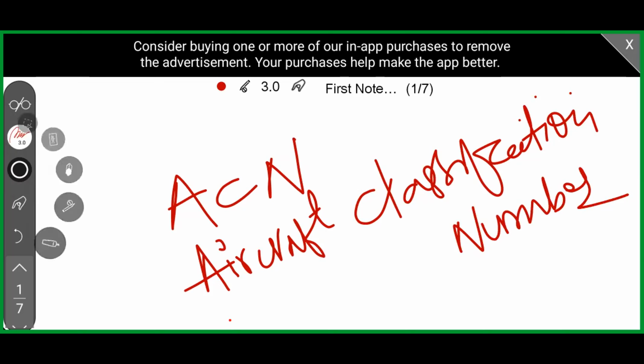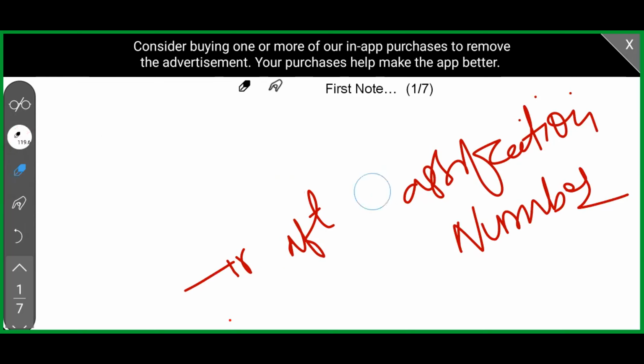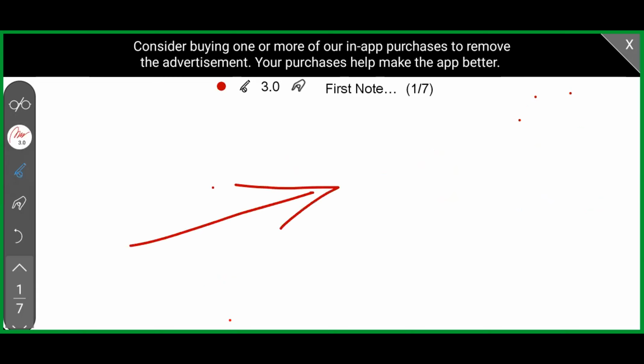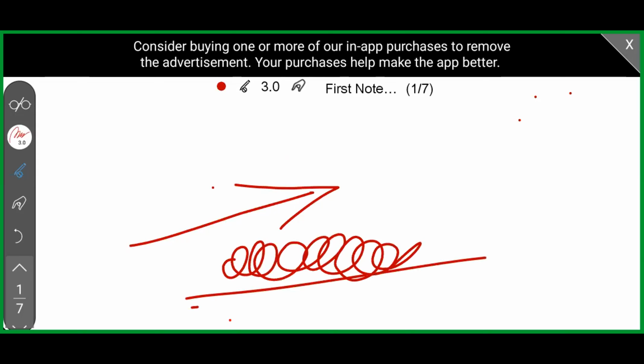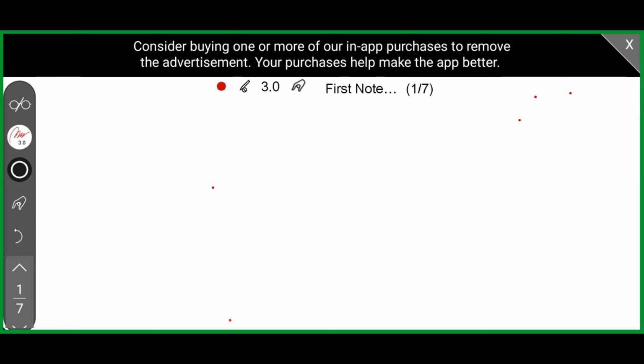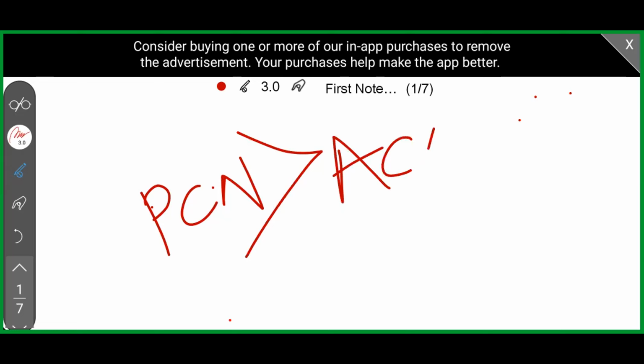The impact an aircraft can make on the ground, either by rolling over it, or by touching it down while landing. Got it? So your pavement classification number shall always be greater than aircraft classification number.